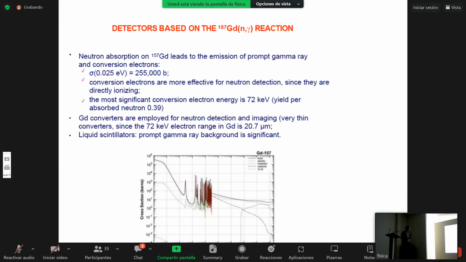It was exploited in large experiments, for example looking for neutrinos, where you dope your liquid scintillator with gadolinium, and this gadolinium can effectively capture neutrons and give rise to conversion electrons. This conversion electron, with a small energy of about 72 keV, is used to trace these neutrons.